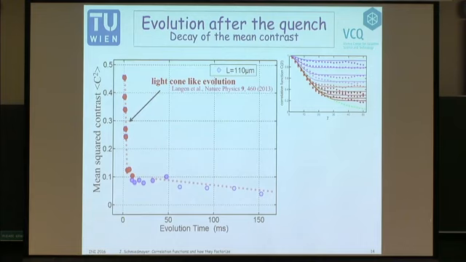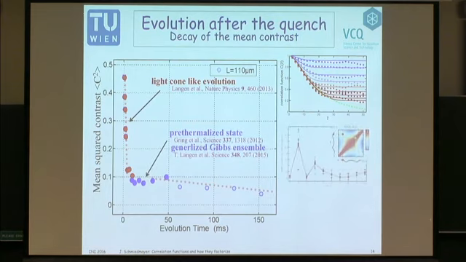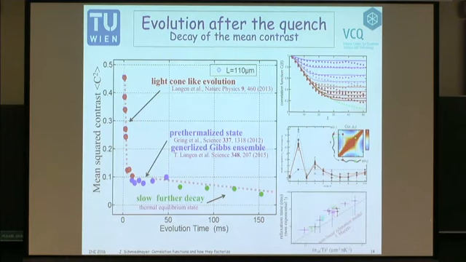Then you get to a quasi-steady state, which is described as a pre-thermalized state and by the generalized Gibbs ensemble. And then you find a very slow further evolution, which can be related to phonon-phonon scattering. That's still very preliminary, but it looks like we see the right scaling laws over about 2 orders of magnitude for this decay rate, depending on this nonlinear relaxation model of phonons.